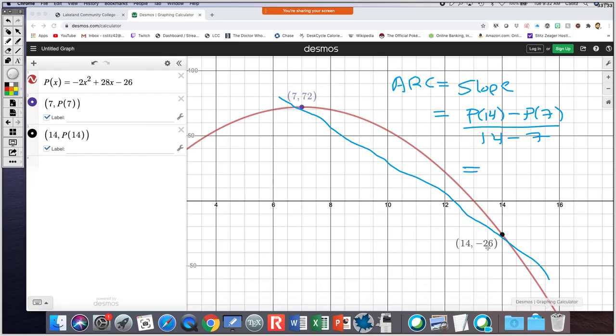P of 14, that's negative 26, minus 72, over 7. So that's negative 98 over 7. And negative 98 over 7 is negative 14.